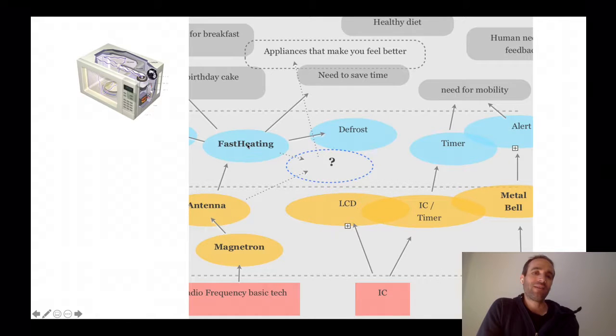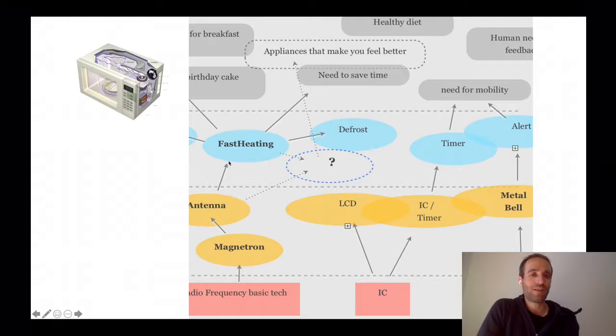Now, the next level, we plot the functions of the microwave. What are the functions? Well, one of them is fast heating, another one is defrosting, and another one is to time, and another one is to alert when the food is ready, right?